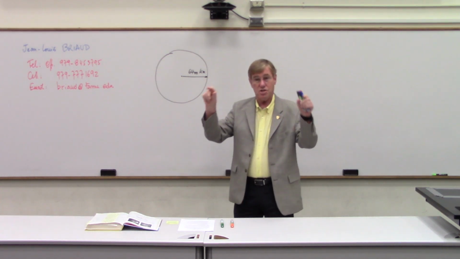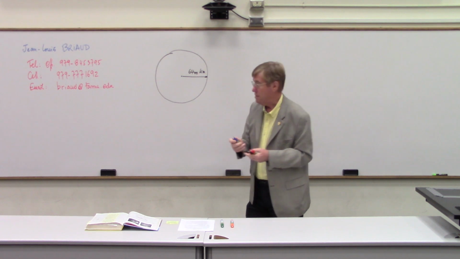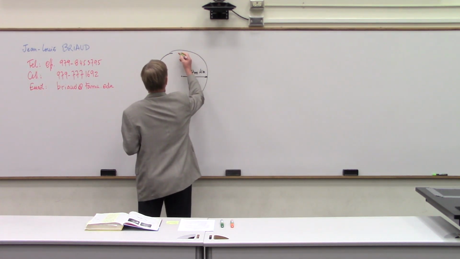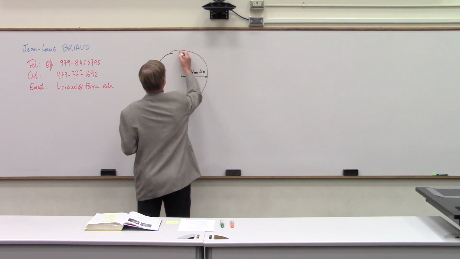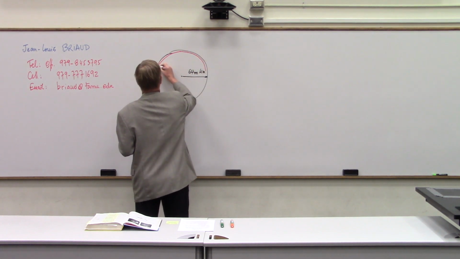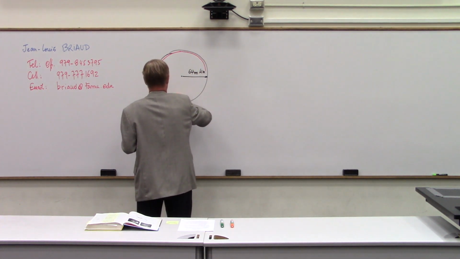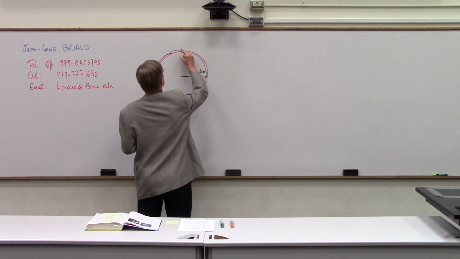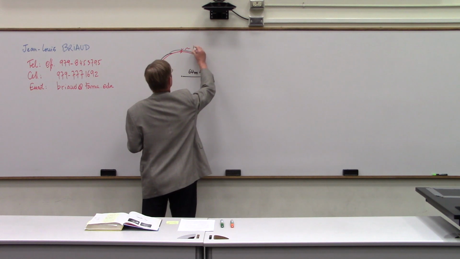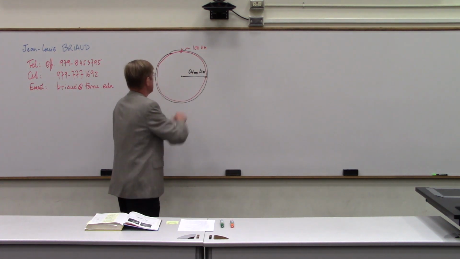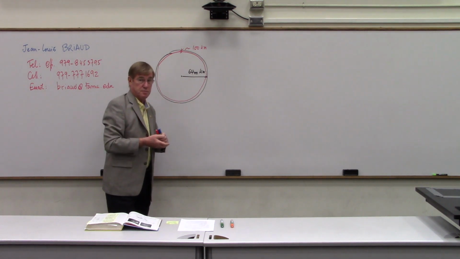The outside shell, maybe 100 kilometers, is hard. If this is 6,400, you can see 100 kilometers here, all the way around, is rock plates. But the center is still squishy.